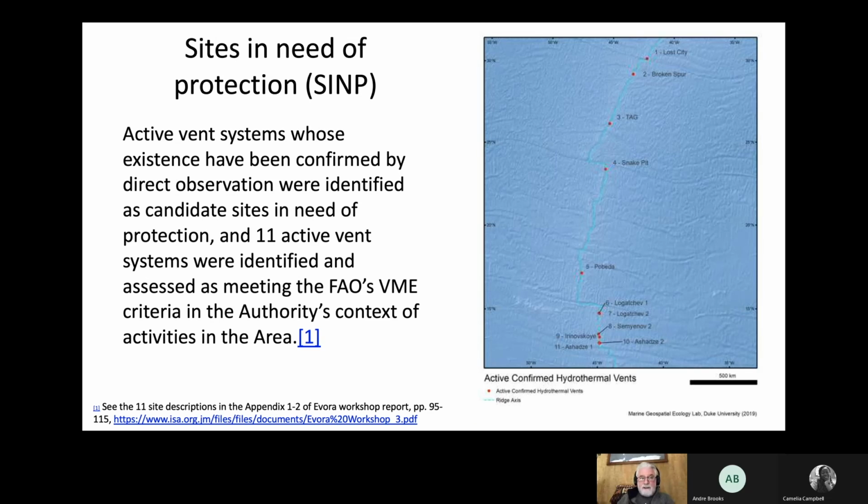In this case, 11 active hydrothermal vent sites were described in detail. These were known active vent sites, and a template was collected for each of these 11 different sites.